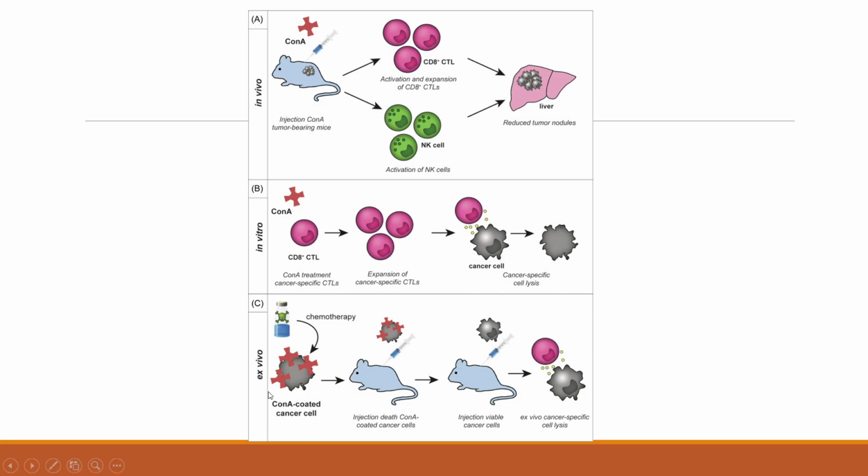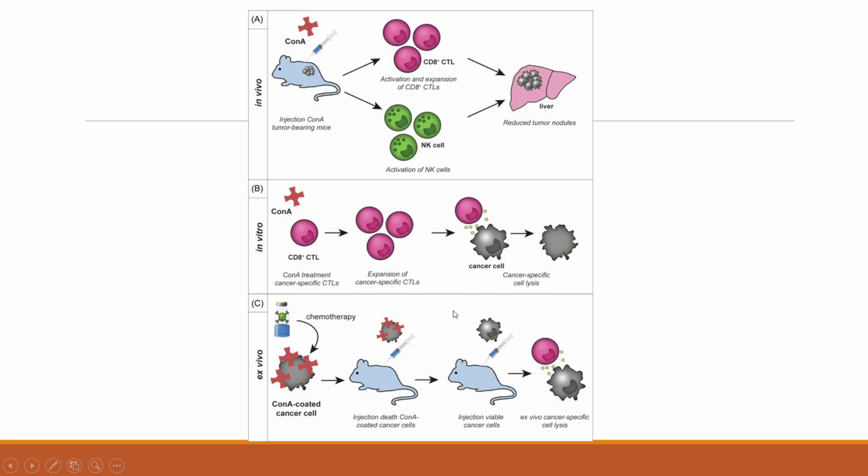And then in chemotherapy ex vivo, Con A coated cancer cells are given in the injection. They are injected here, and then viable cancer cells are taken, and ex vivo cancer specific cell lysis is done.